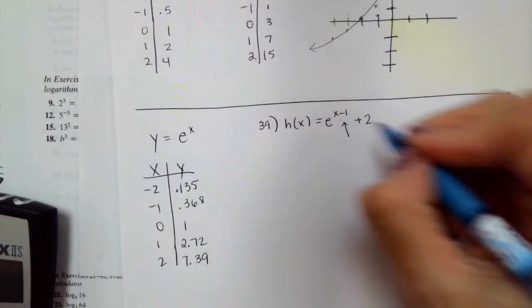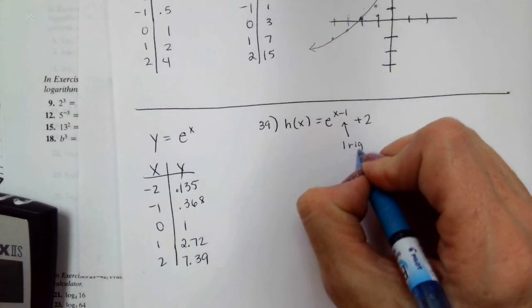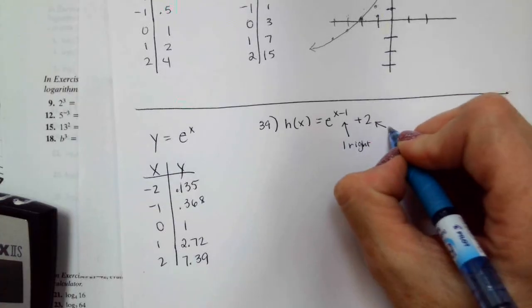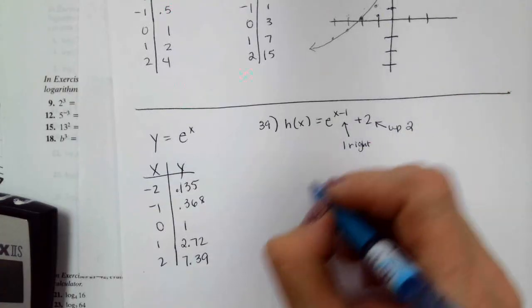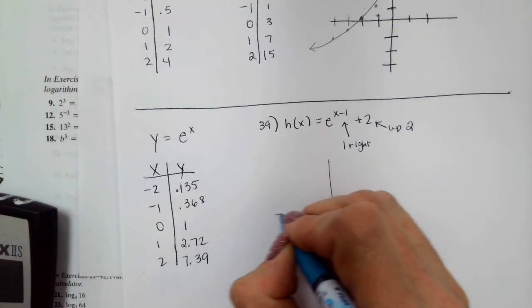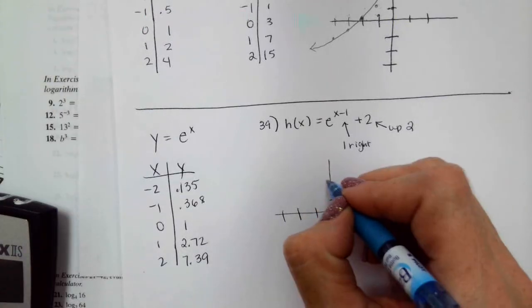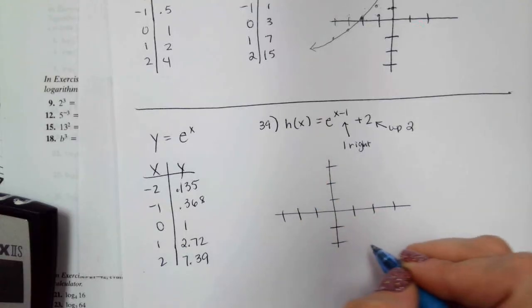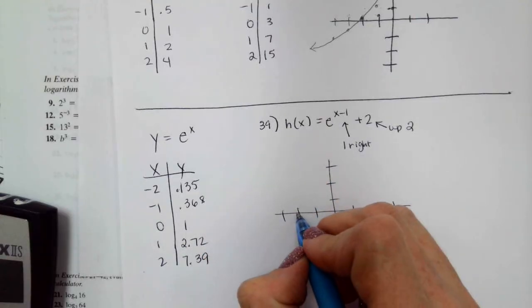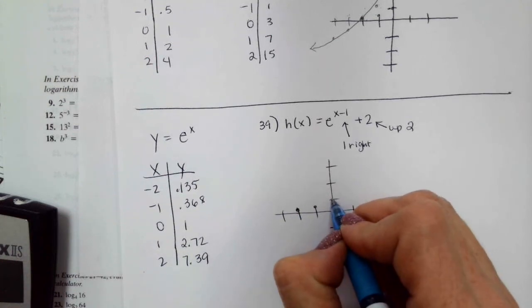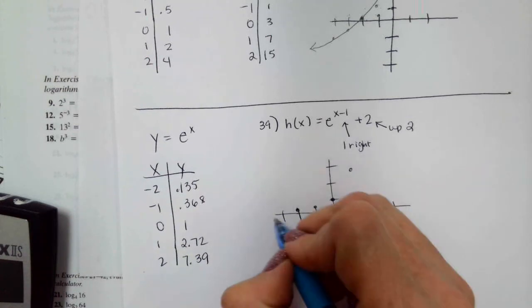So this minus 1 up here tells me I'm going 1 to the right, and this plus 2 here tells me I'm going up 2. So if I were to plot my parent points, I'd have negative 2, 0.135, negative 1, 0.368, 0, 1, 1, 2.72.